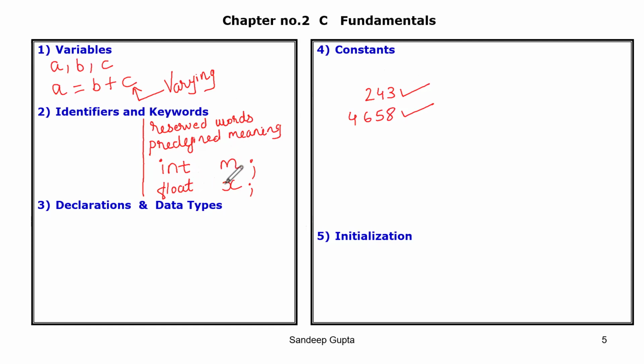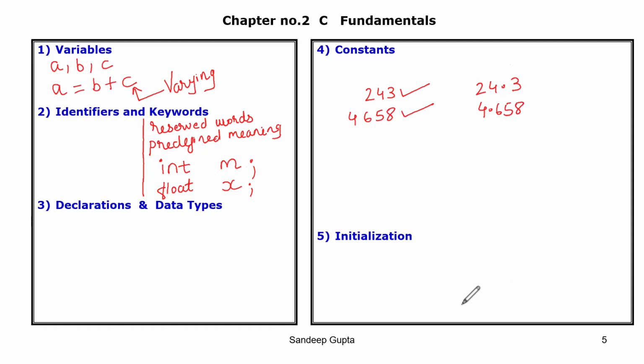Similarly, when I write float space x, I am telling the compiler to create a variable x which can store floating point values. What are floating point values? Floating point values are those numbers which have a decimal point in between. For example, 24.3, 4.658 and so on.